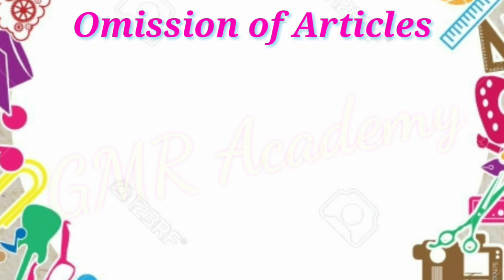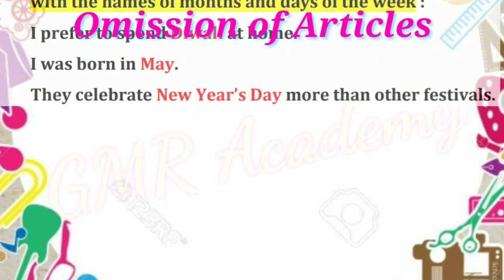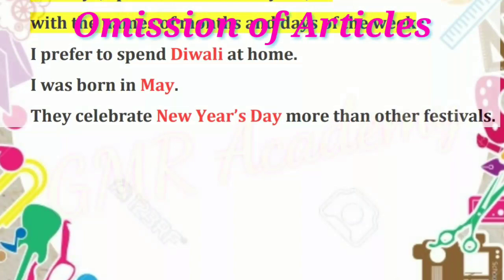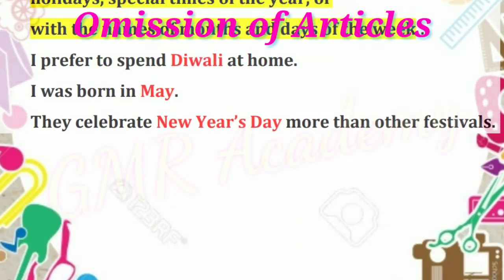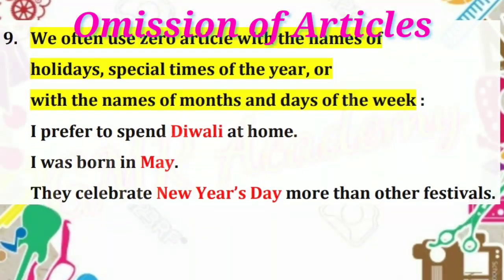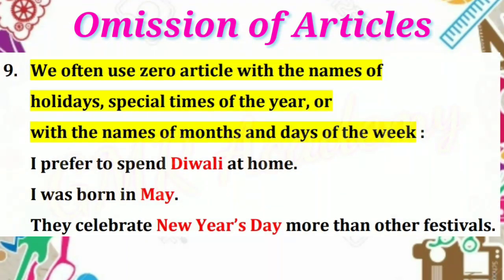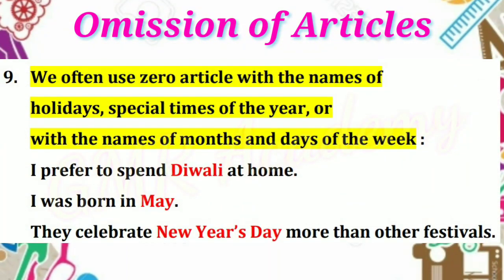Number 9. We often use zero article with the names of holidays, special times of the year, or with the names of months and days of the week. Examples: I prefer to spend Diwali at home. Diwali is the name of a festival, a holiday.